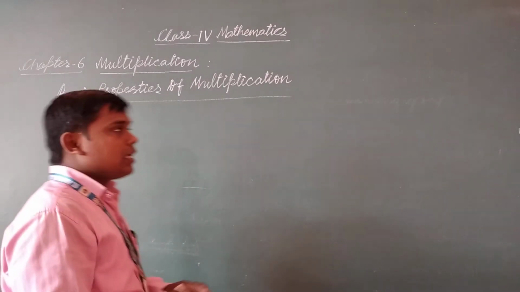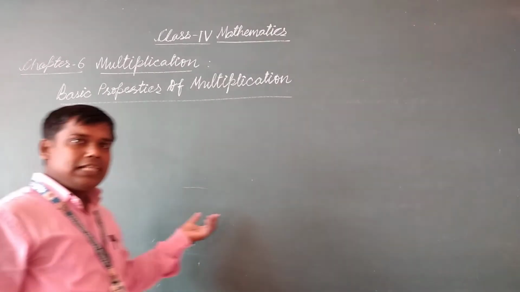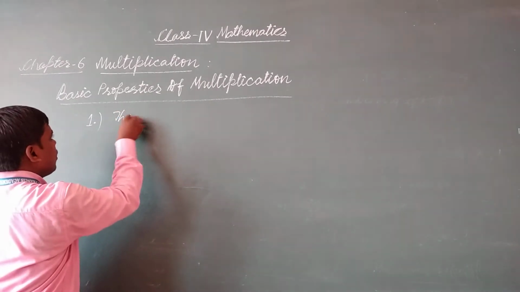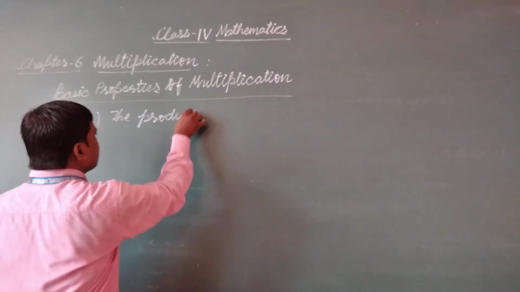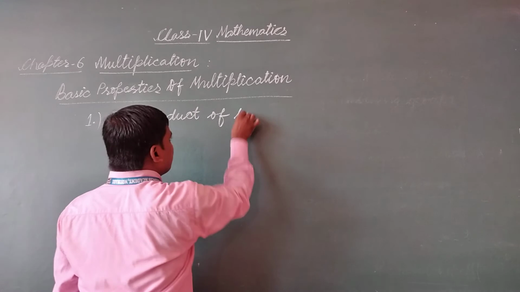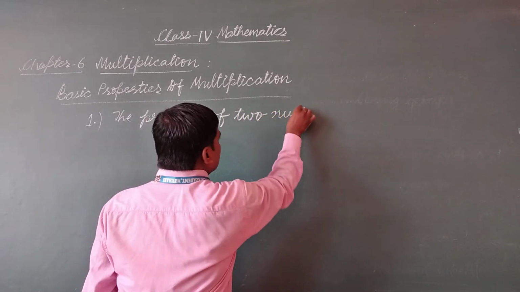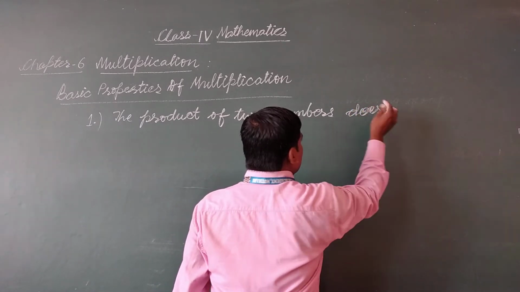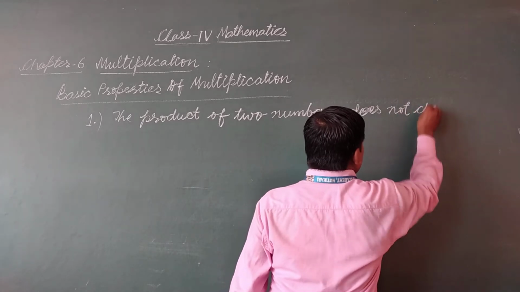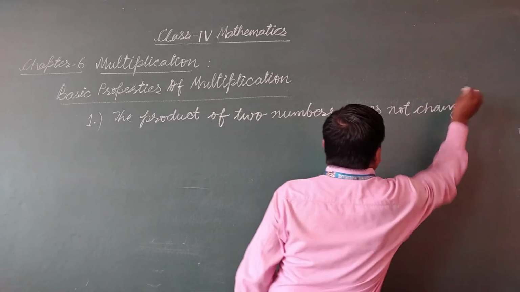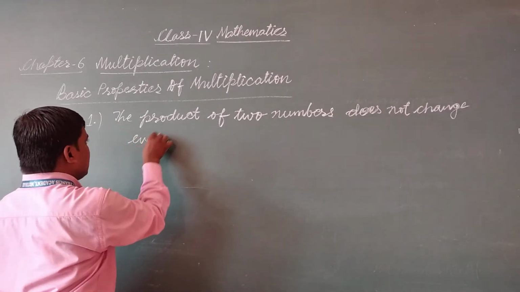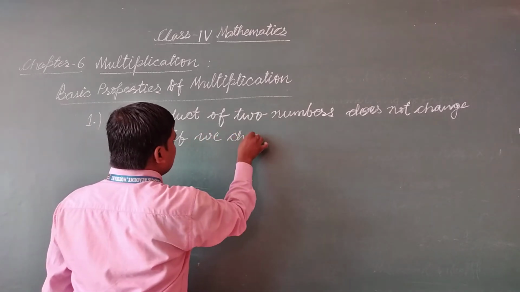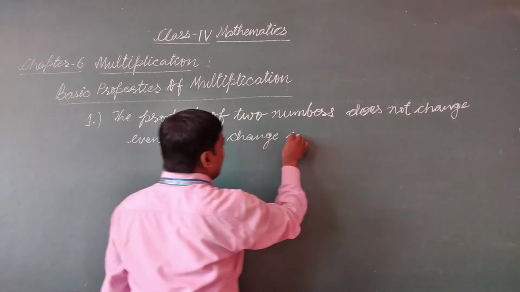The first property is the product of two numbers does not change even if we change the order of the number.